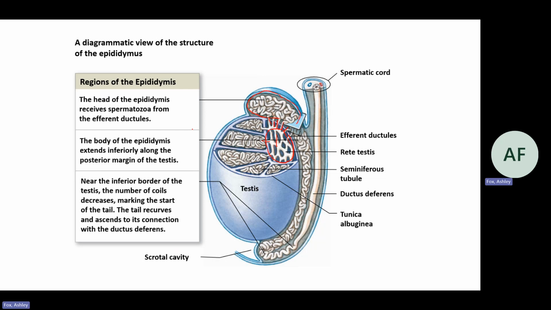So again, the head of the epididymis is going to receive kind of the immature spermatozoa, and we can go over all of that later, from the efferent ductules, and then goes to the body of the epididymis, and then goes to the tail, and then leads to the ductus deferens going out to the urethra.